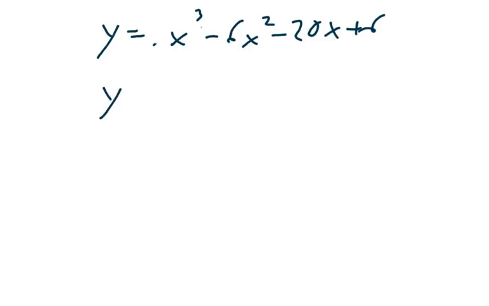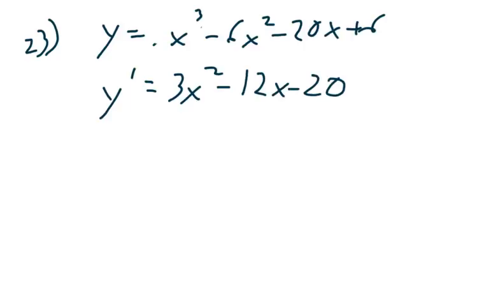So in problem number 23, we would take the derivative, 3x squared minus 12x minus 20. Once again, I made this so it didn't come out factorable.